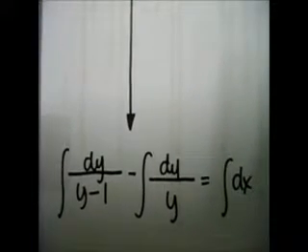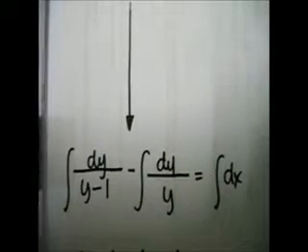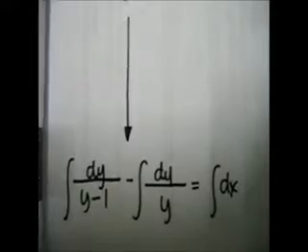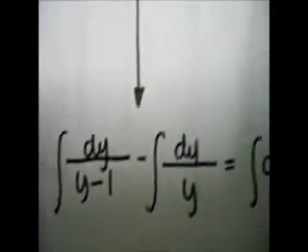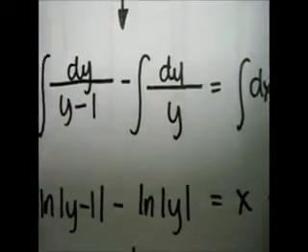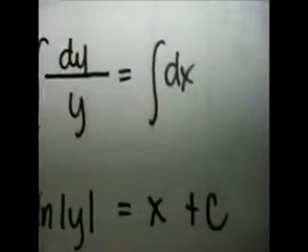So we simply integrate both. dy over y minus 1 is just equal to ln of y minus 1, and dy over y is just equal to ln of y. Same with the integral of dx, which is equal to x plus c.